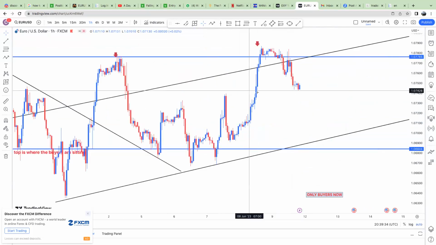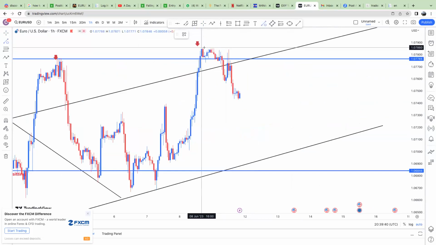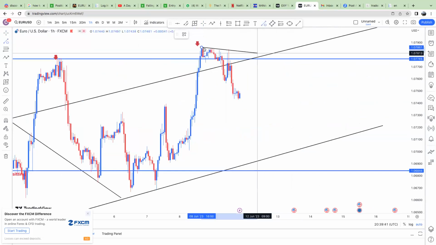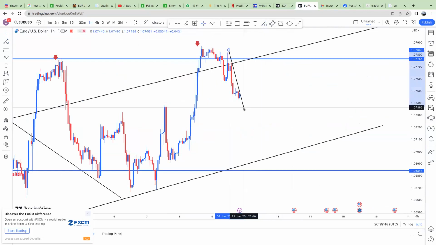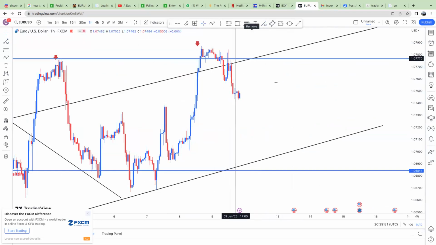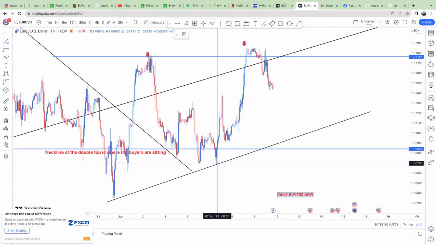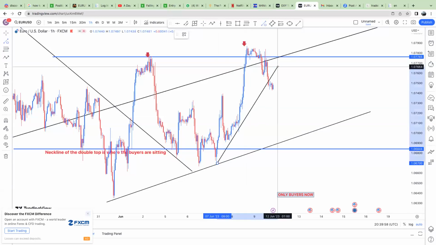For Monday, we're looking at sell. A quick thing we can do for Monday is something like this. No, that will not be correct. A quick thing we can do for Monday is this.